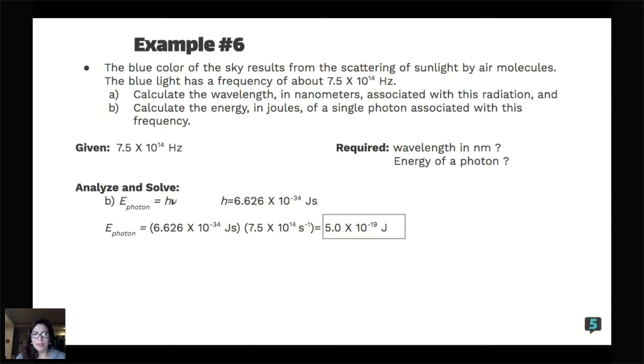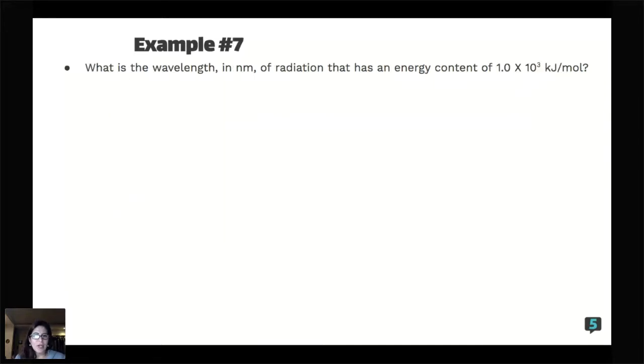Okay, let's move on. So another example. They can also give us the energy in kilojoules per mole. For example, here, they're asking us for the wavelength in nanometers of radiation that has an energy content of 1.0 times 10 to the power of 3 kilojoules per mole.